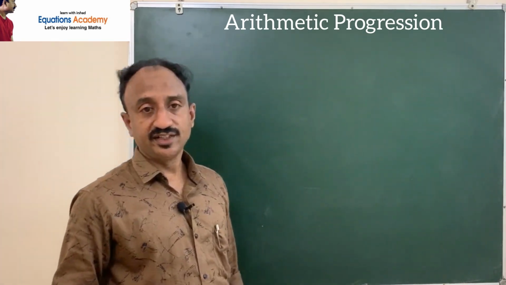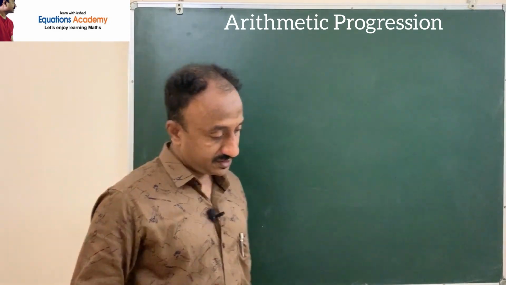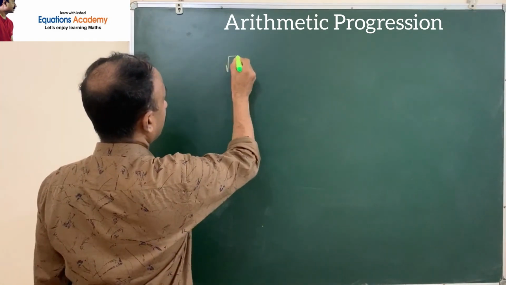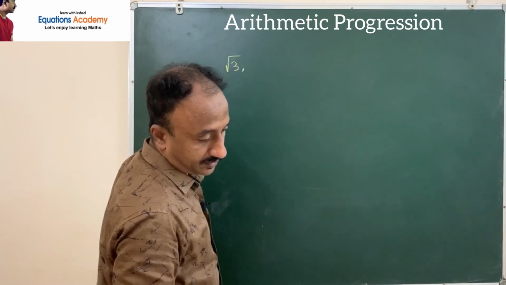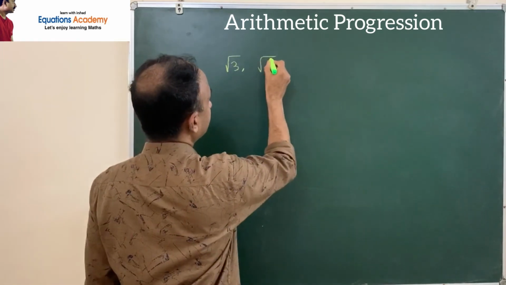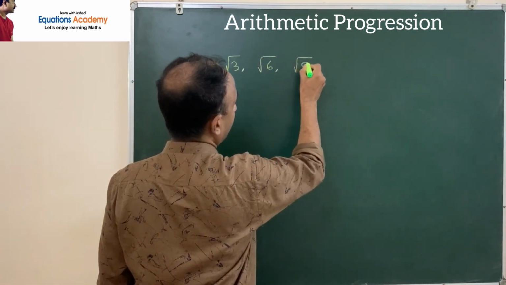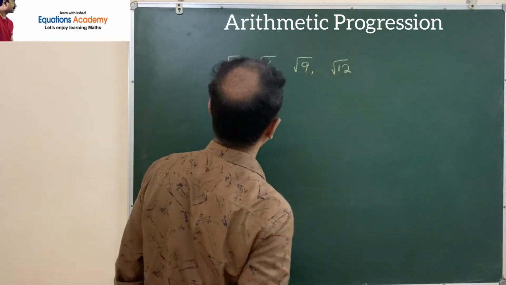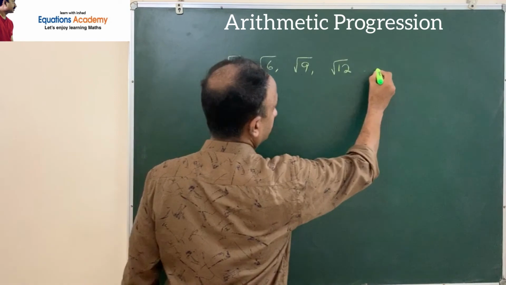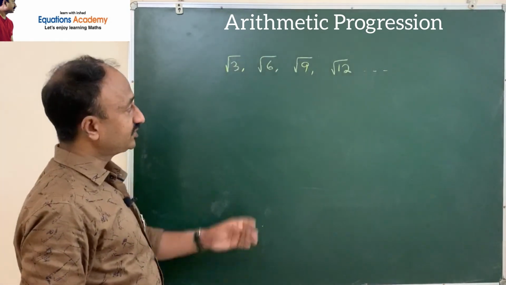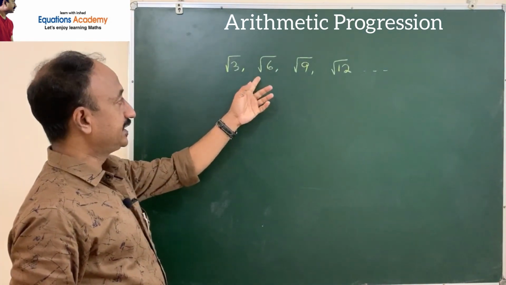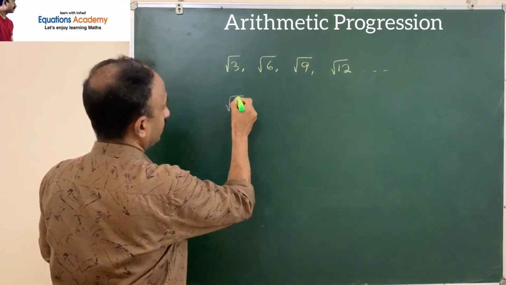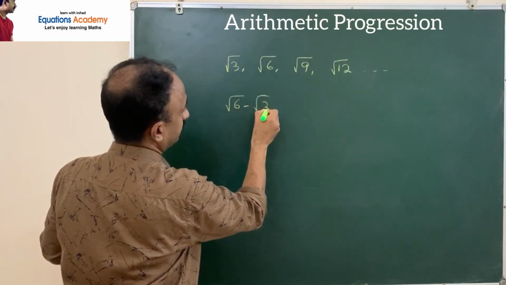We will do the 13th sub question in question number 4, that is root 3, then root 6, root 9, root 12. What is the difference between this term and this term? That is root 6 minus root 3.